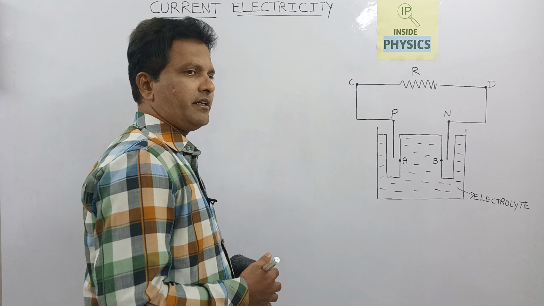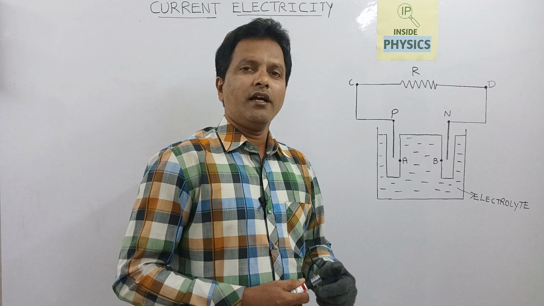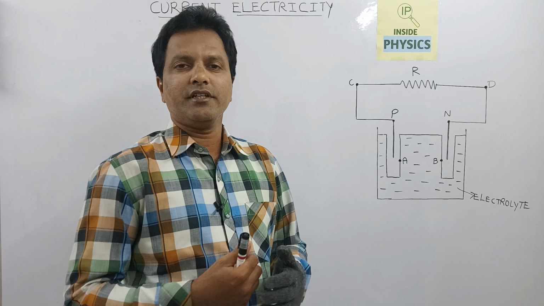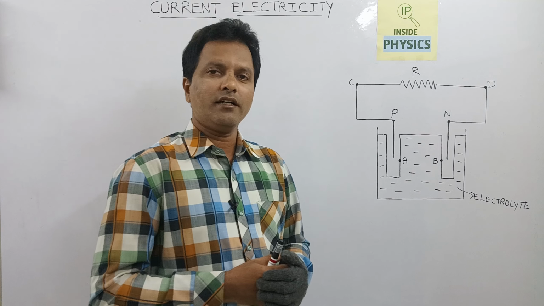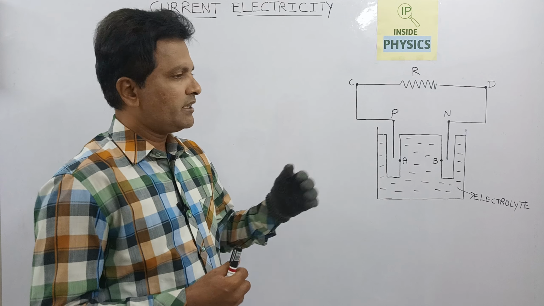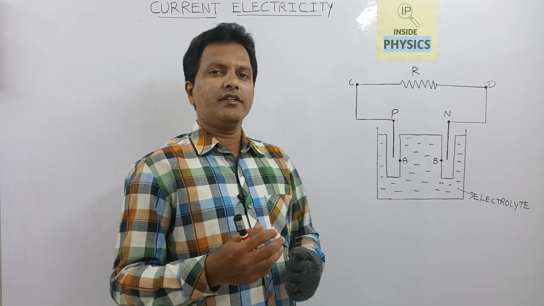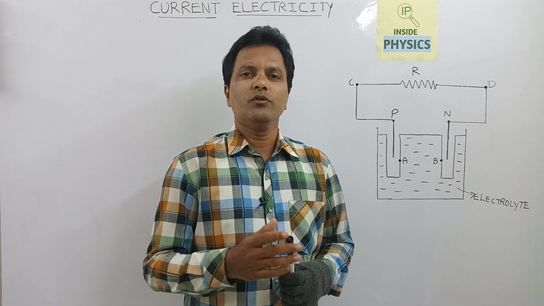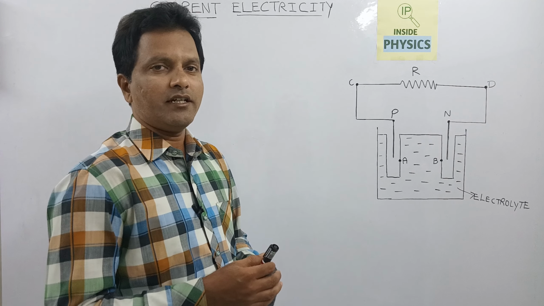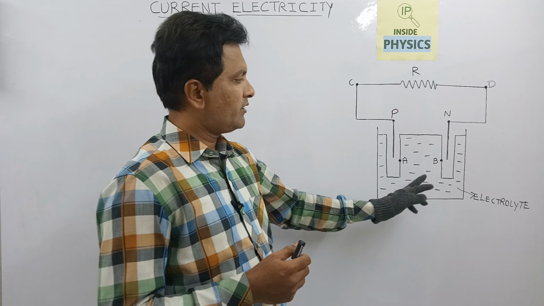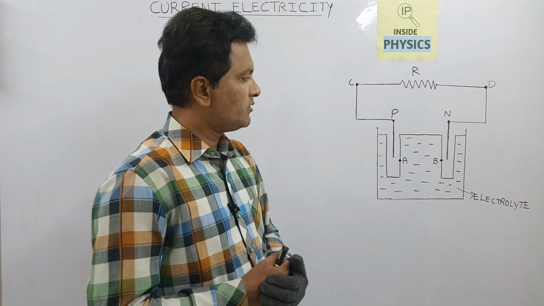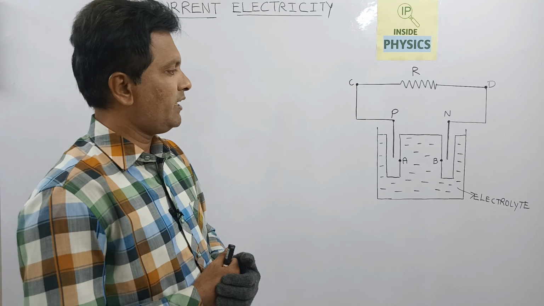An electrolyte is a good conductor, having free positive and negative ions which can conduct electricity. In a metal conductor, free electrons move and carry the charge. In an electrolyte, it is the positive and negative ions that carry current.